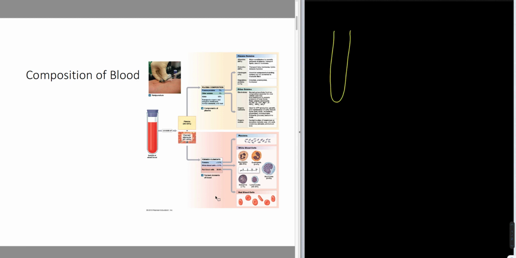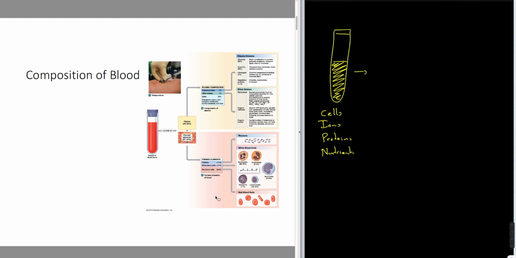So if we had a vial of blood, in here are cells, and then dissolved solutions, ions, proteins, nutrients, all dissolved in a water base.